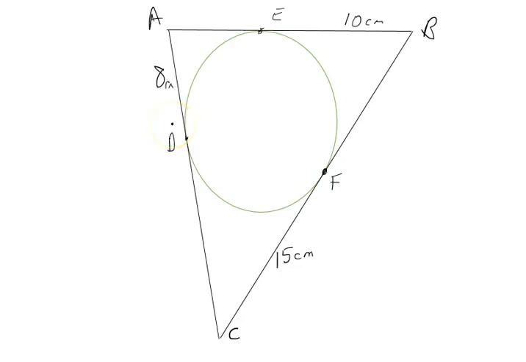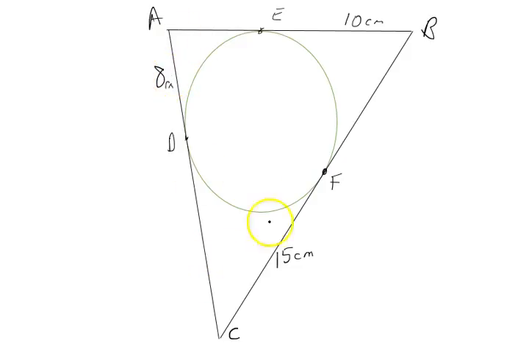Okay, for our last example, we are going to use another theorem about tangent lines, and that is if they come from the same point to the circle in different spots, then they're the same length. So in other words, if I look at point A and it goes to D and is tangent at D, and to E and is tangent at E, these two are going to be the same length.